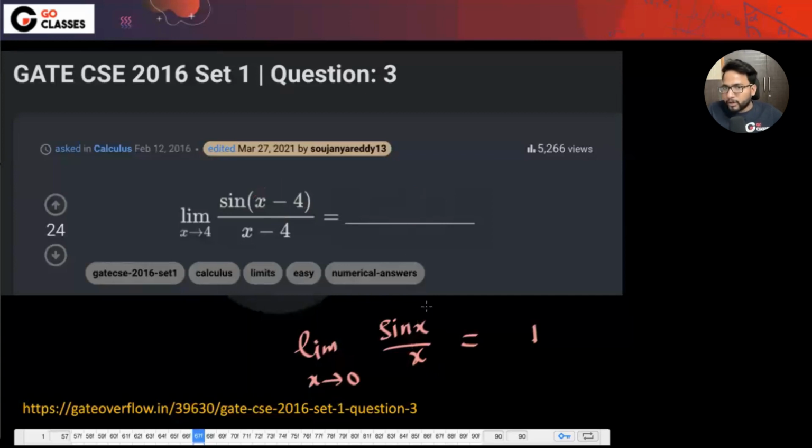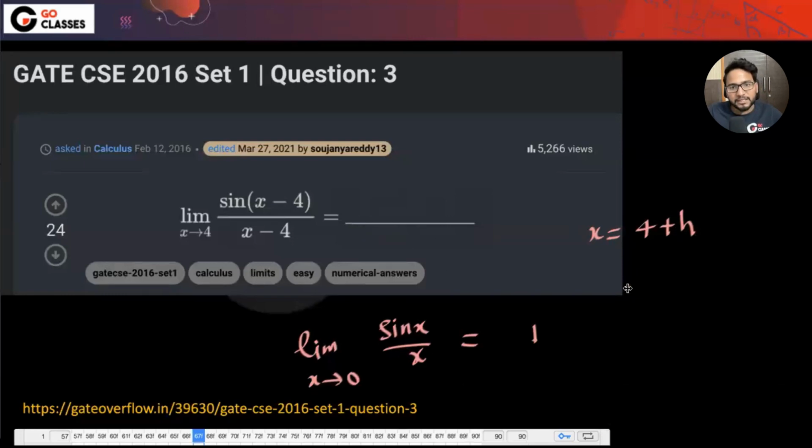If you want, you can replace this x tends to 4 by x equal to 4 plus h, where h tends to 0, or 4 minus h, something like this.